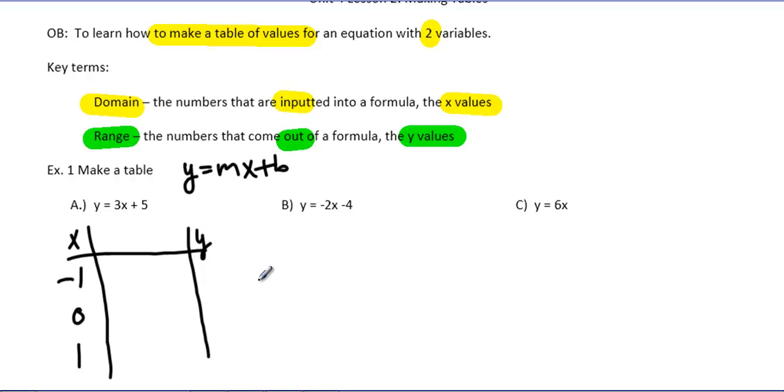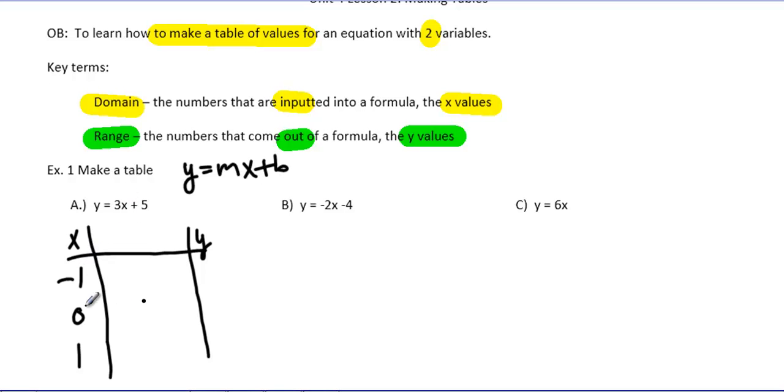The reason I'm choosing those is because we know the biggest problem we have is with signs. So by choosing a negative and a positive, I'm forcing a sign mistake to come out if I do happen to make a mistake. And of course 1 and 0 are easy to work with, so that's why we use it.